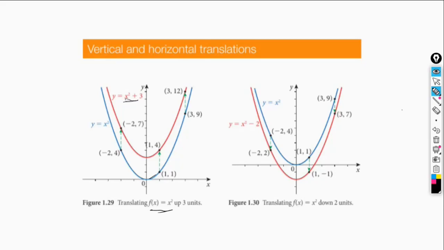So this is a vertical translation of 3 units up, or up 3 units. Notice that all the x coordinates remain the same, but the y coordinates are increased by 3 units. So notice that the point 1, comma 1 becomes 1, comma 4, or negative 2, comma 4 becomes negative 2, comma 7.